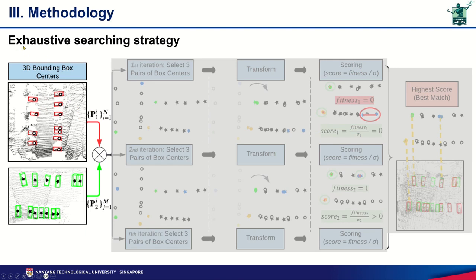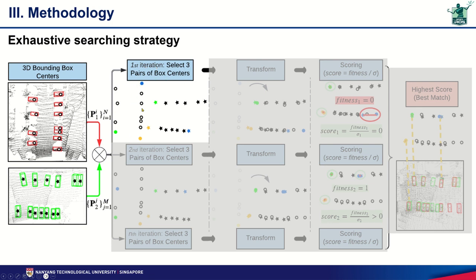The second novelty is the exhaustive searching strategy. Given these two sets of bounding box centers, how to build the correct or optimal correspondence between them? We propose this exhaustive searching strategy. It works like this. Firstly, in the first iteration, we select three pairs of bounding box centers.